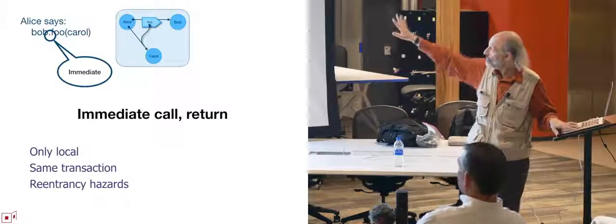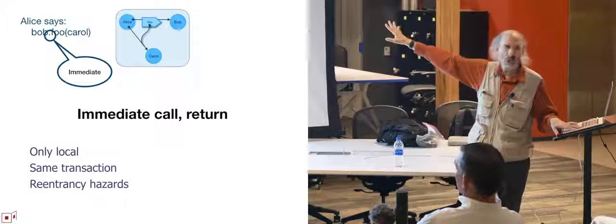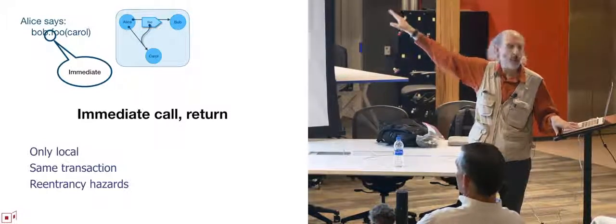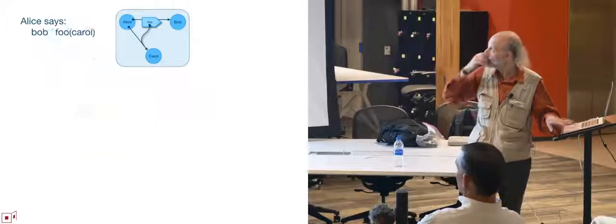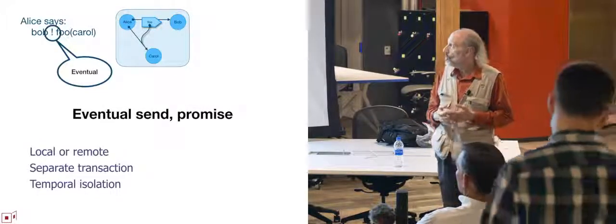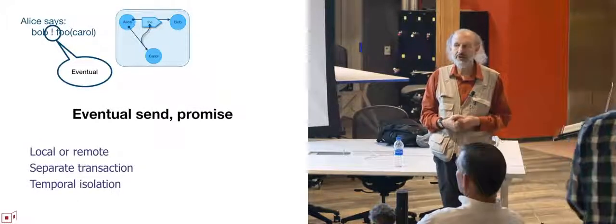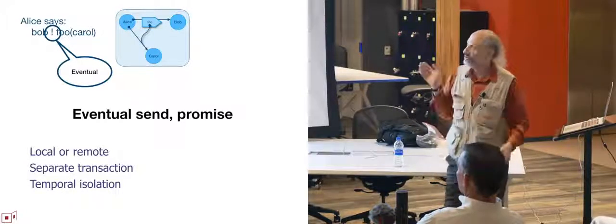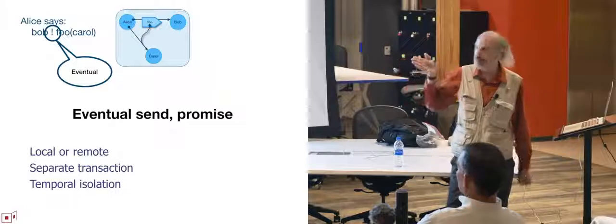So this kind of synchronous interaction is only appropriate locally, only appropriate if Alice and Bob are co-located in the same vat. We introduce this infix bang operator, the eventual send operator, that does an asynchronous invocation.